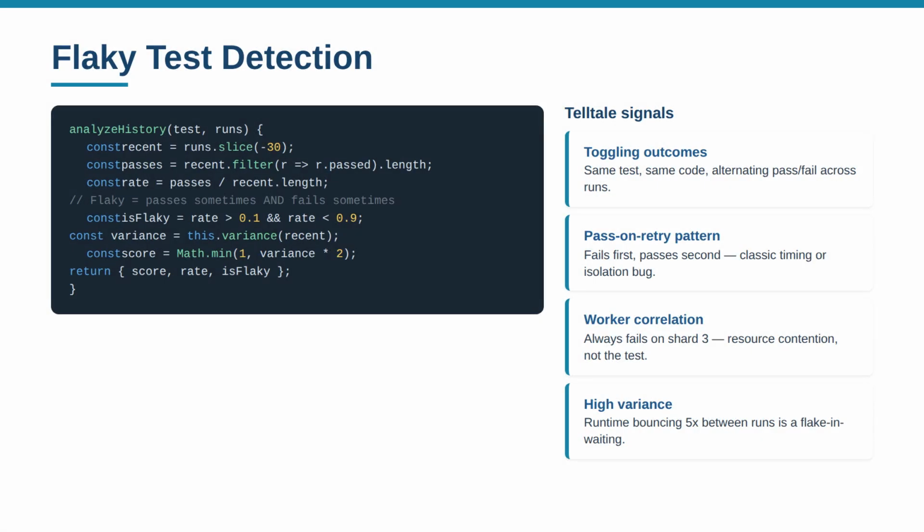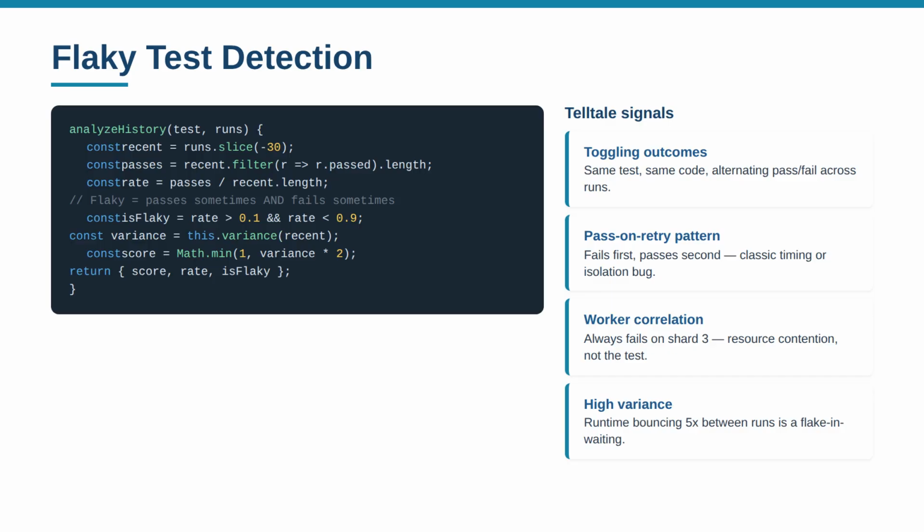A flaky test is one that produces different outcomes, pass or fail, across runs on the same code. The detection algorithm works by analyzing the last 30 runs of a test and calculating the pass rate. If the rate is above 10% and below 90%, the test is flaky. It passes sometimes and fails sometimes.